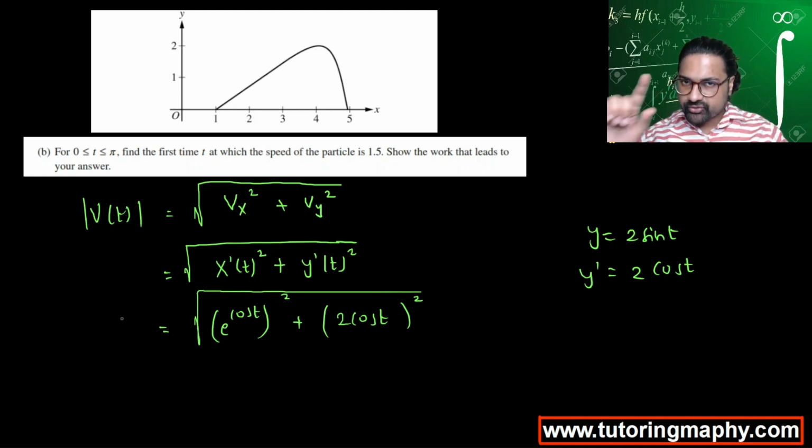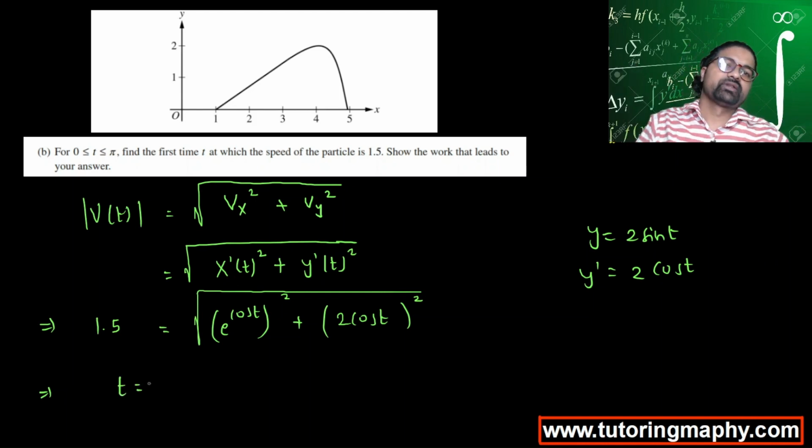And remember that we need to solve this such that the speed should be 1.5. So the left side should be 1.5, and we need the first instant when this happens, right? Obviously there will be various values of t when this happens, but they are looking for when this happens for the first time. So I'm going to use, of course, the graphing calculator.